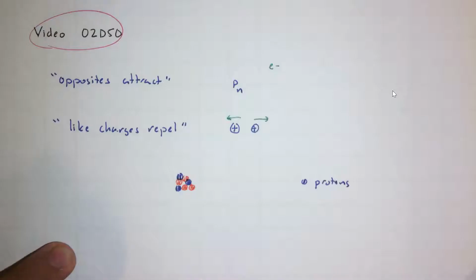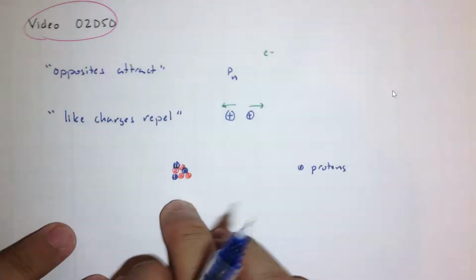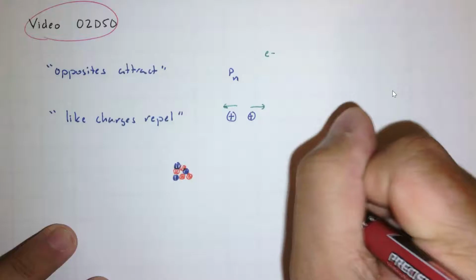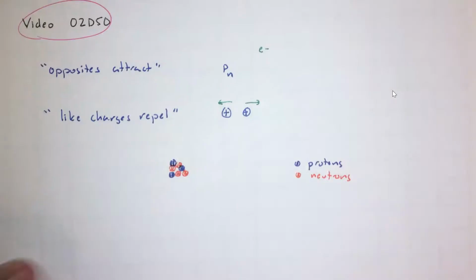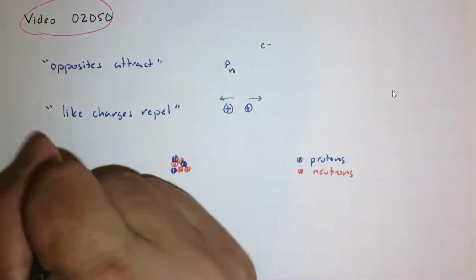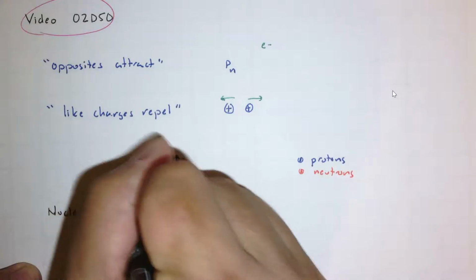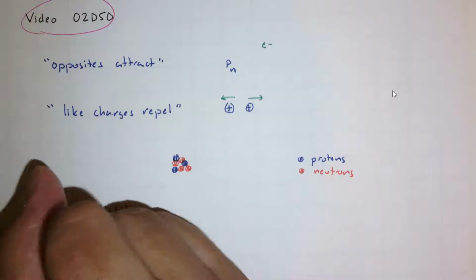And we're going to learn patterns and trends to determine whether that nucleus is stable or not, depending on the number of protons and neutrons. So let's give a couple of rules under nuclear stability. Let's say rule number 1.